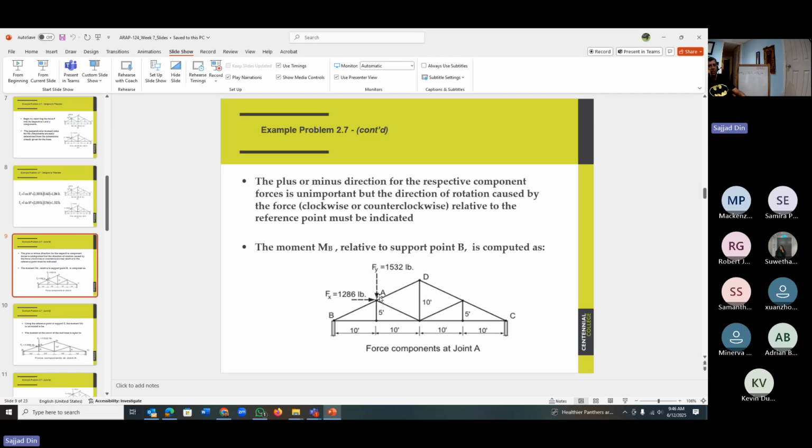We need to know when we're determining the moment, is the force clockwise or counterclockwise? Another thing is, if the force is passing through the point or the axis of rotation that you're using in your calculation, the moment becomes zero. So the components of the forces at joint A are passing through joint A, so MA is zero.